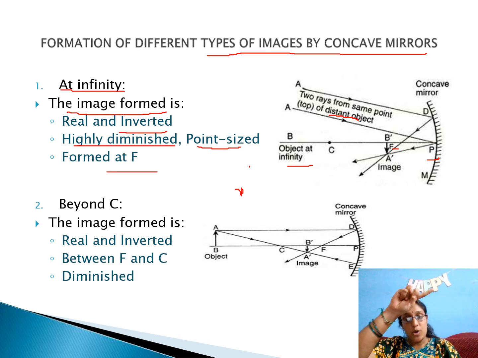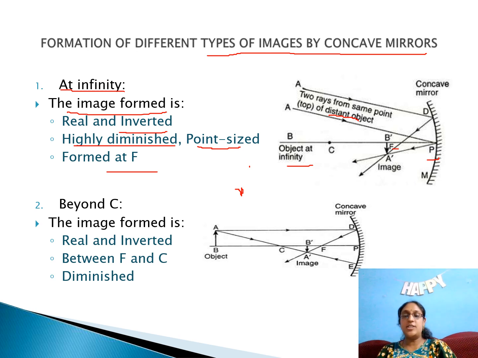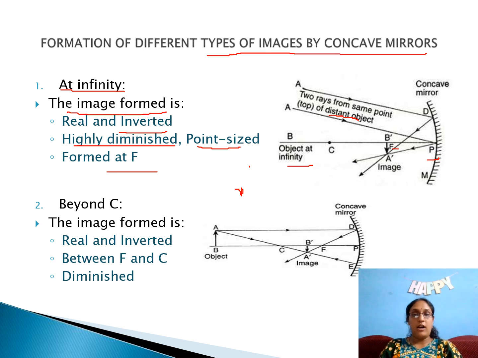The two rays, one traveling to the mirror and the other traveling to your pole, both meet at the focus. This is the important thing you have to keep in your mind. So when the object is at infinity, you get the image at the focus. That's it. So that is the formation of different types of images by a concave mirror.